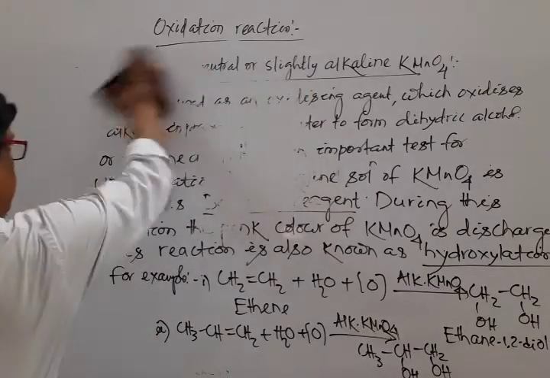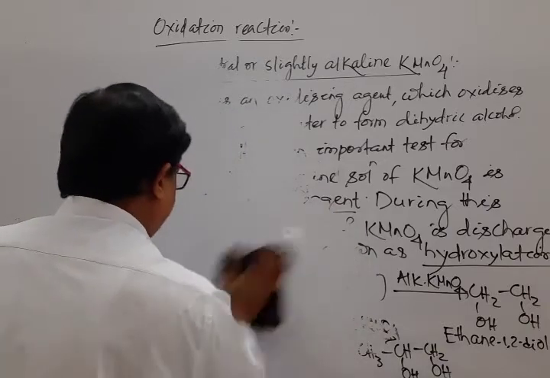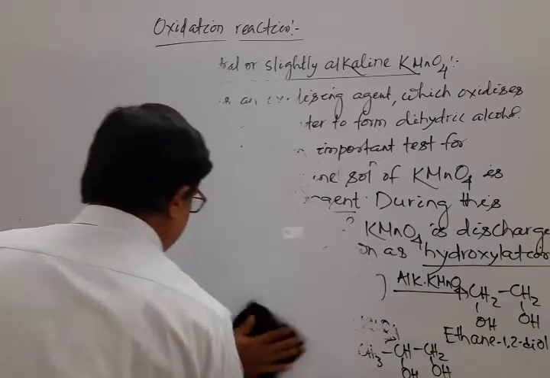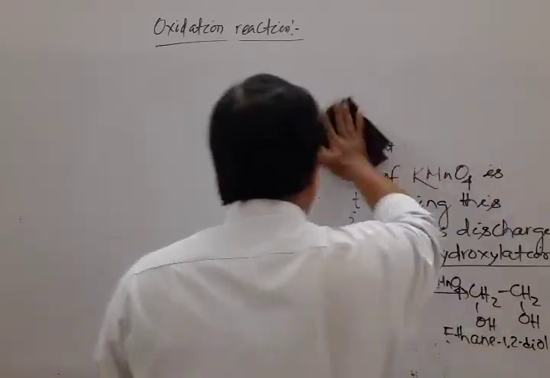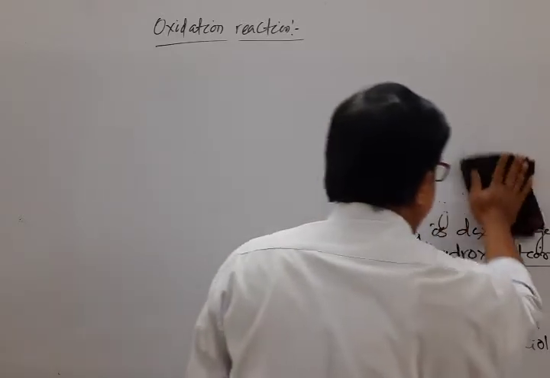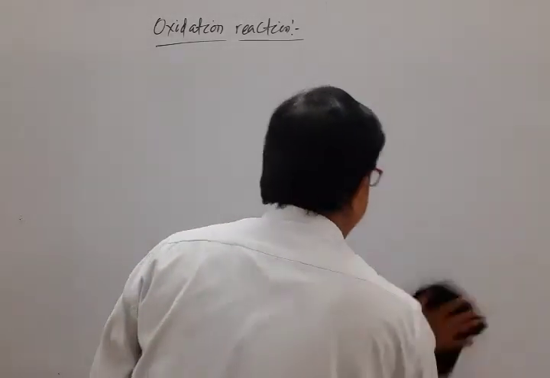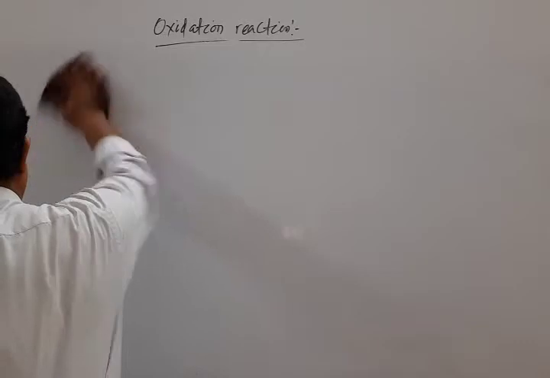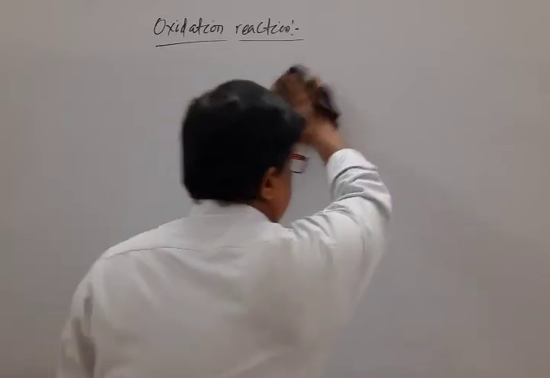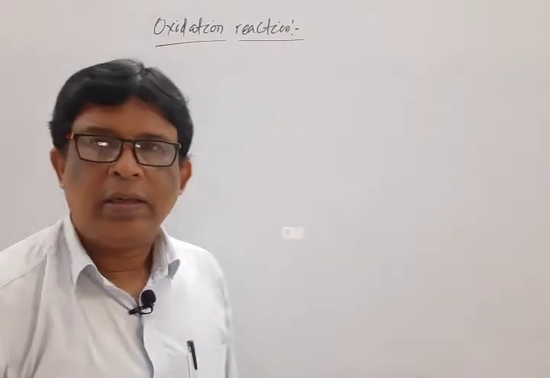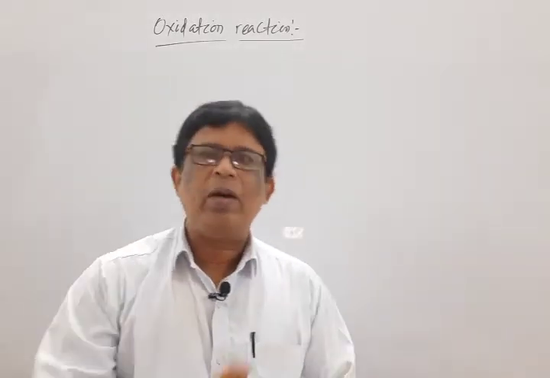Next, switch over to B2, that is with hot potassium permanganate. Again, with hot potassium permanganate, there are also two sub-bits. One is for terminal alkene and one is for non-terminal alkene. So depending upon the condition, different product is there. A terminal alkene is one in which the double bond is at the end, either left hand side or right hand side.